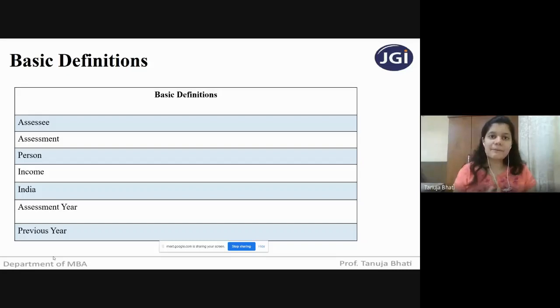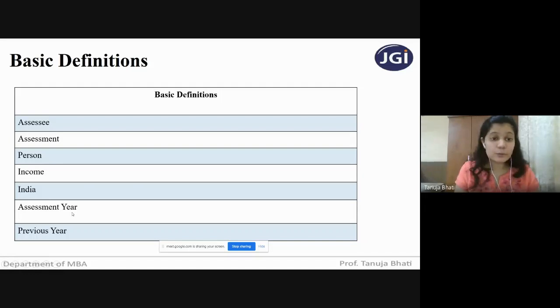So whatever income I am earning from April 2020 to March 2021, I'll pay tax on that income not in the same year. I will be paying tax on that income in the assessment year, and the assessment year is nothing but 2021 to 2022.